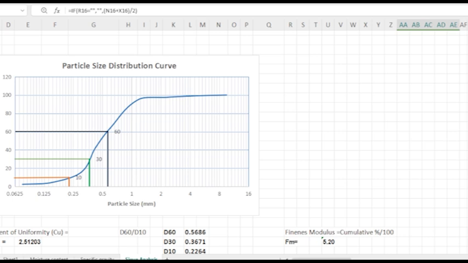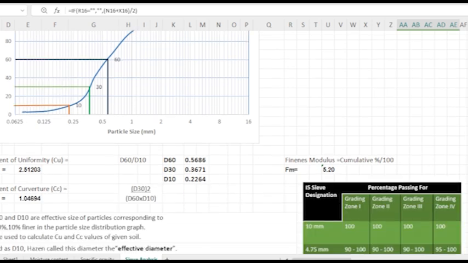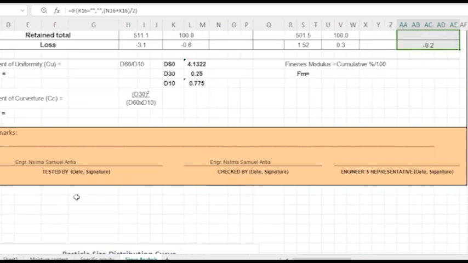And when that happens, you can now calculate the fineness modulus. You can calculate the coefficient of uniformity. You can also calculate the coefficient of curvature. That's what you have there.